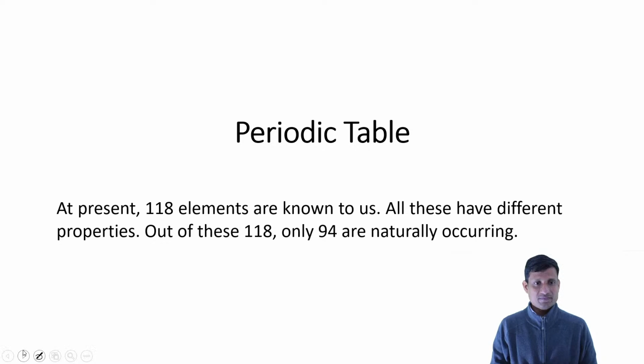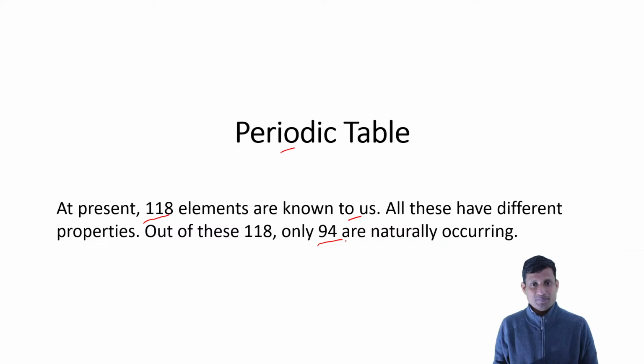Before going into the details, a brief introduction: in the periodic table we have 118 elements known to us, and among all these elements, 94 are naturally occurring and the rest are artificial, or we synthesize them in the laboratory.